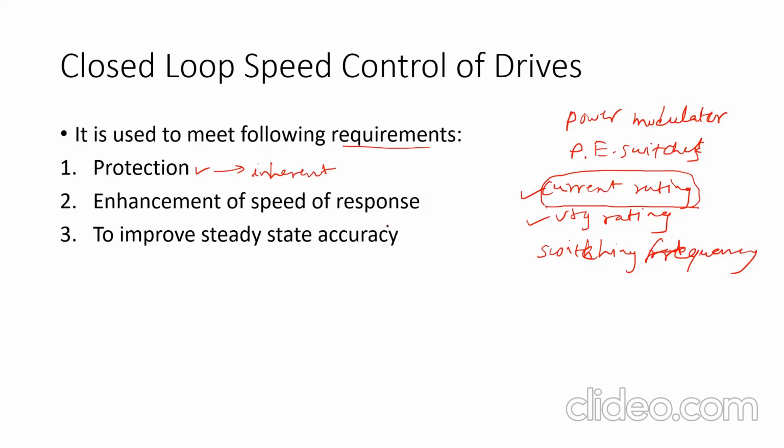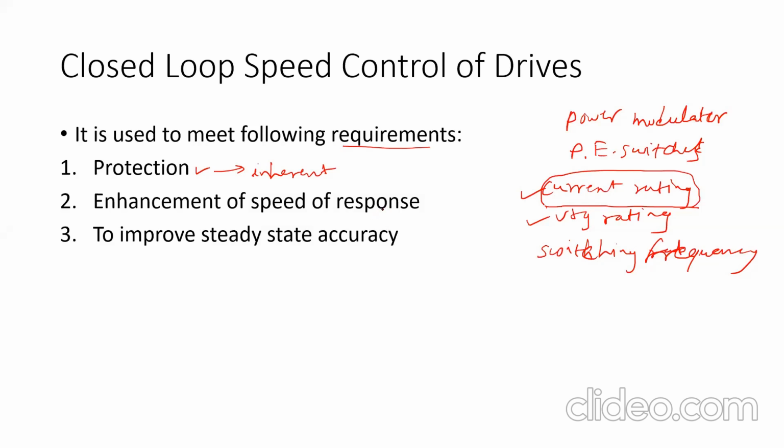For example, to protect a DC motor against inrush starting current, high starting current or overload, we use a 3-point starter or 4-point starter, or in case of an induction motor we use a star delta starter or direct online starter. Various starters are there.